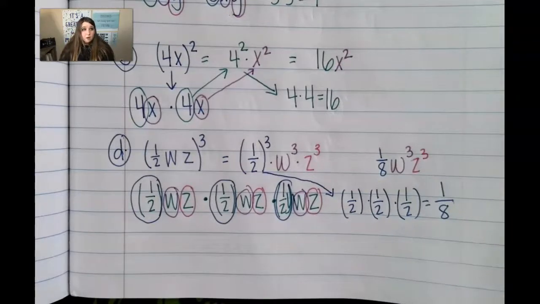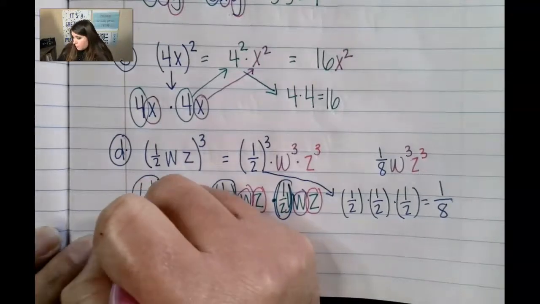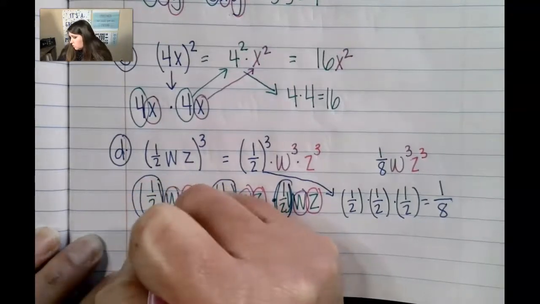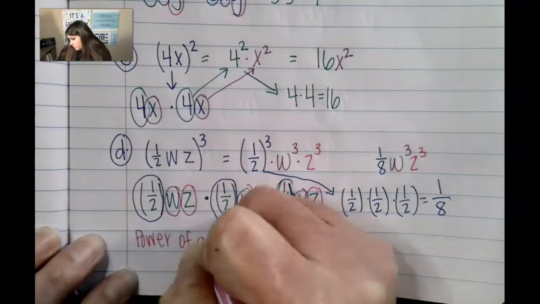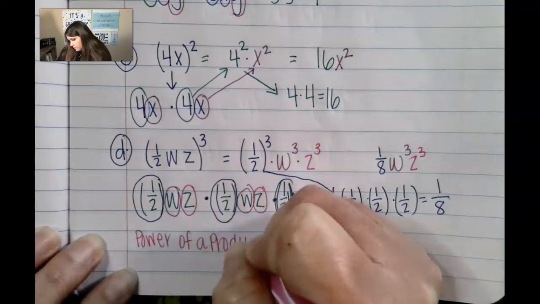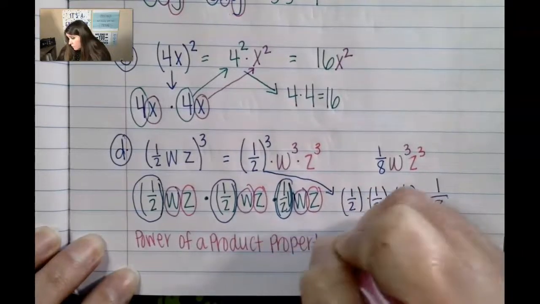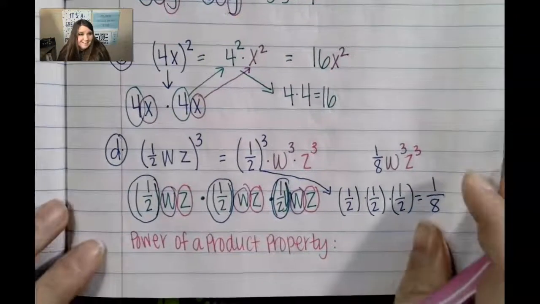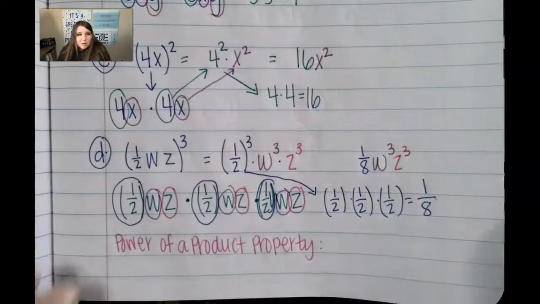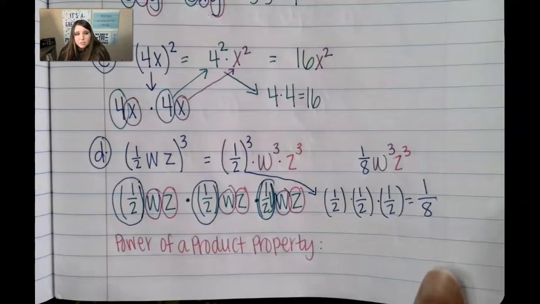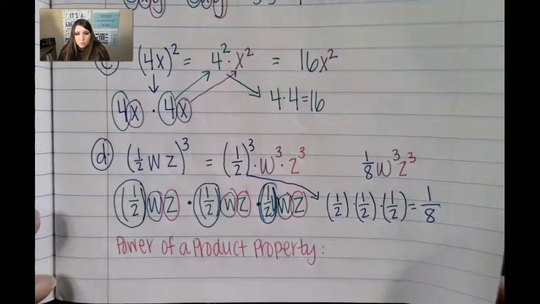All right, so let's go ahead and talk about what the power of a product property says. Okay, so the power of a product property, the rule, try saying that 5 times fast. The power of a product property says that to find the power of a product, we need to find the power of each factor and multiply.